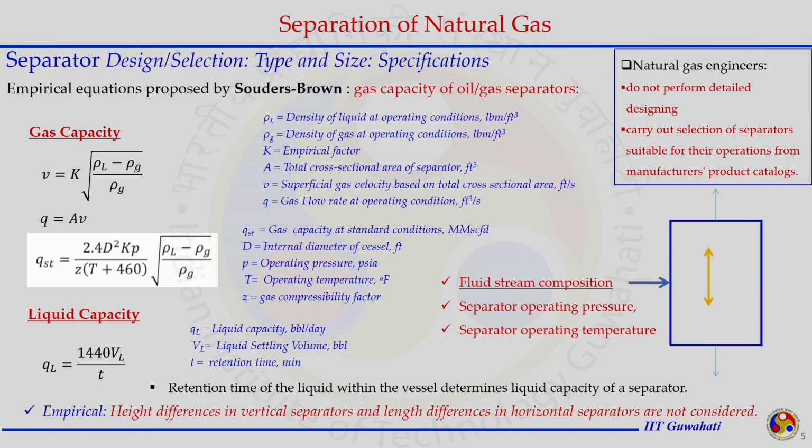They can go to a particular vendor or supplier and ask for a separator that can meet the need: how much area is available, what is the quantity of natural gas to be treated, what is the composition of the natural gas to be treated, and of course, what is the cost of the instrument that can be afforded.